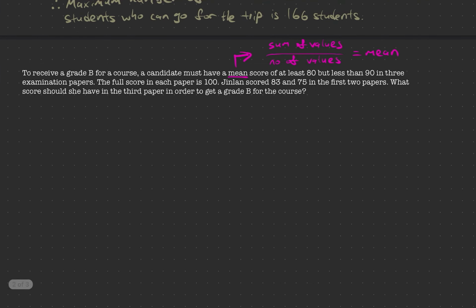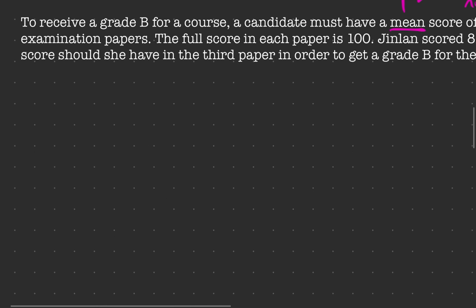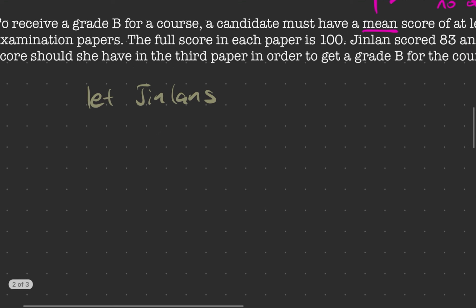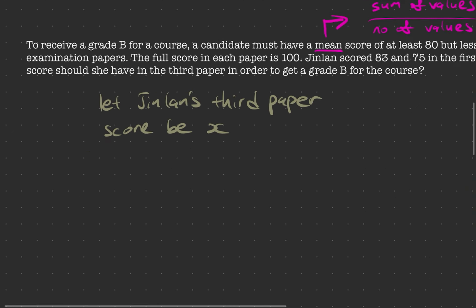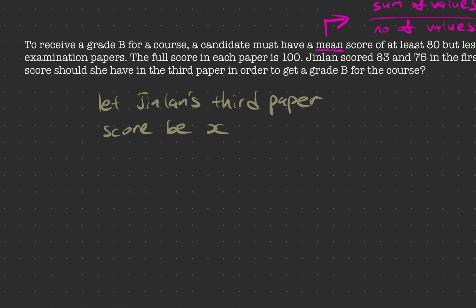Alright, so I'm just going to let Jinlan's 3rd paper score be X. So I'm just going to write her 3rd paper score as X, okay? Because I don't know what her paper score is. I need to find out how much she can get for her 3rd paper.